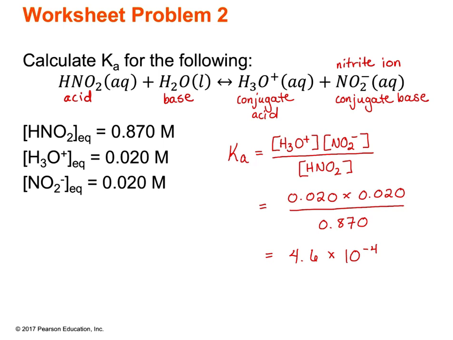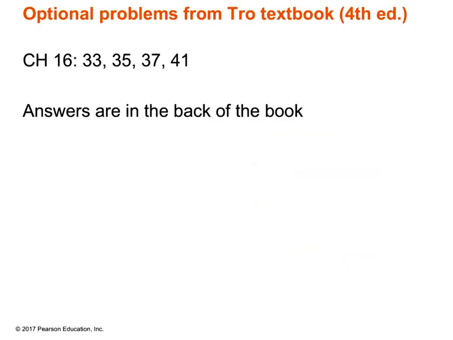Okay, so we'll end the video here today. I do recommend going over some optional problems from the Tro textbook, 4th edition. If you have an older edition, you can also find similar problems in the back of the chapter.